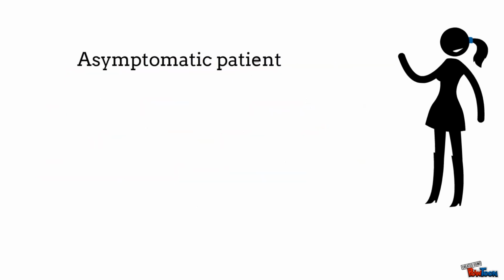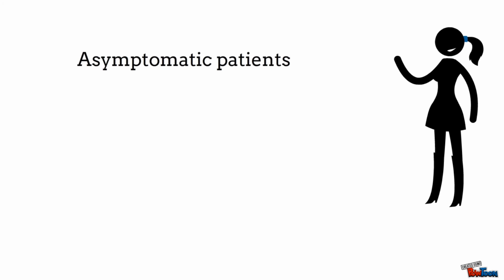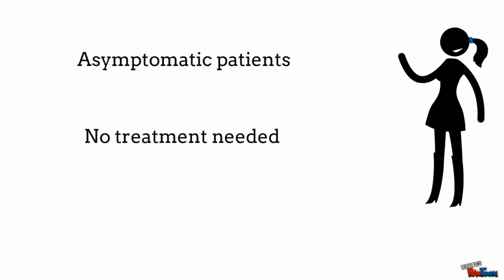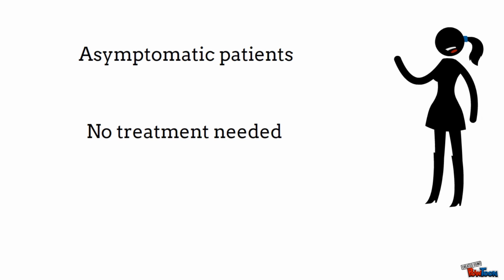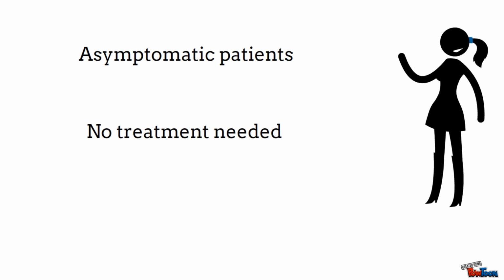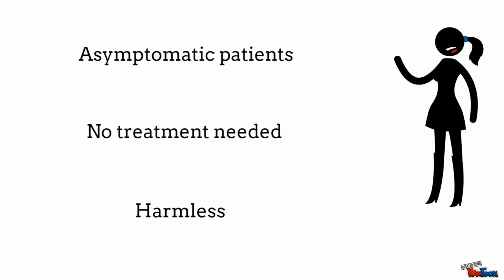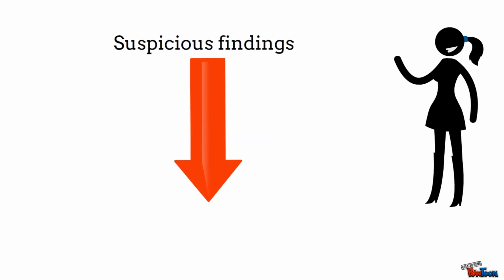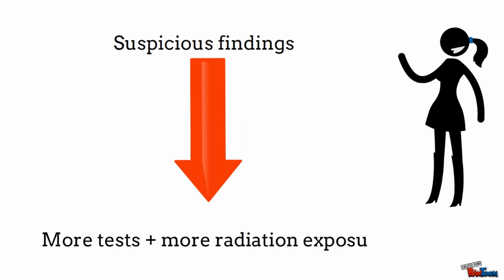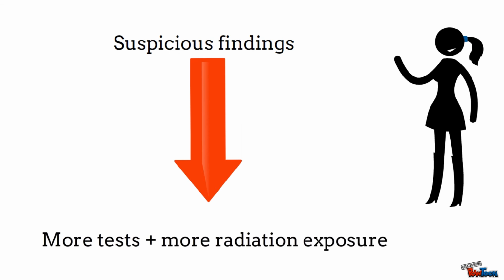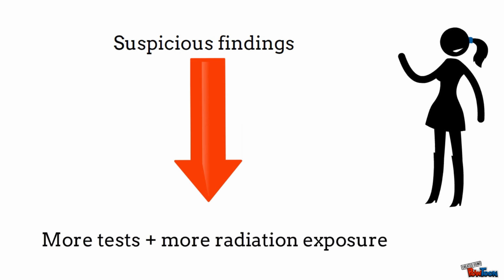But patients with these features are generally asymptomatic, and the discovery of them does not necessarily warrant treatment. Suspicious findings can indicate illness, but in most cases the abnormalities are harmless. Regardless, suspicious findings lead to more tests, which can include the use of surgery, drugs, anesthesia, and even more radiation.